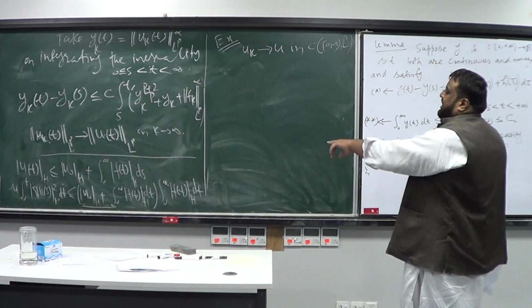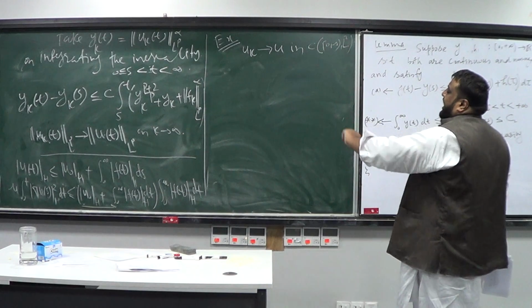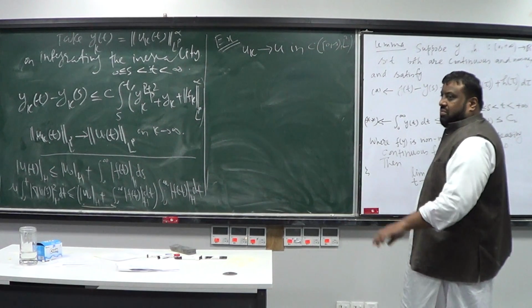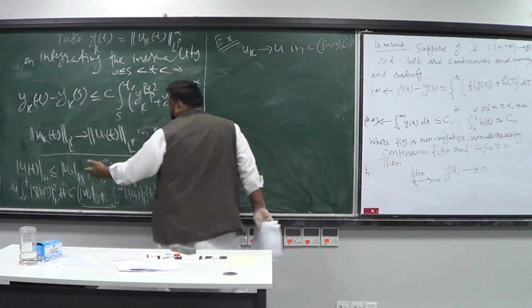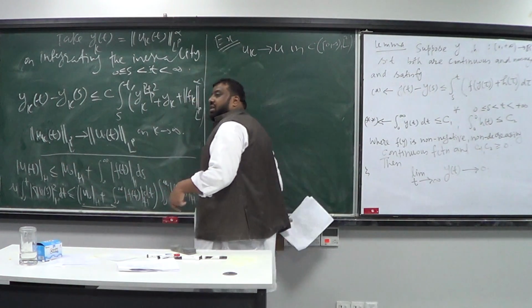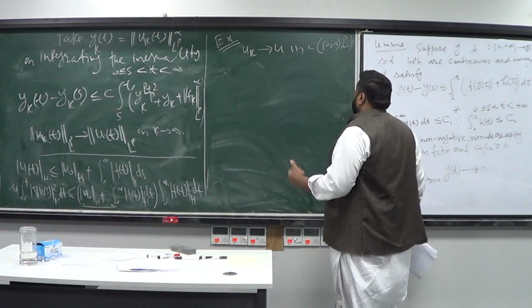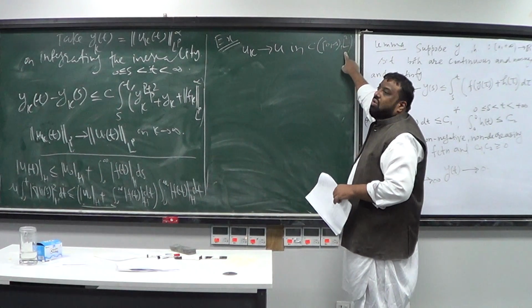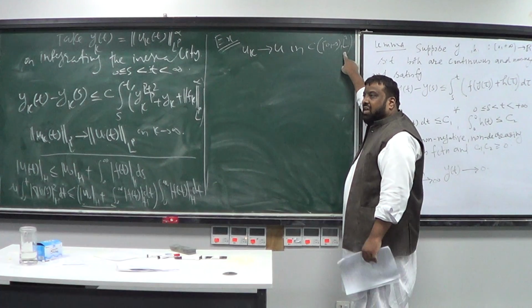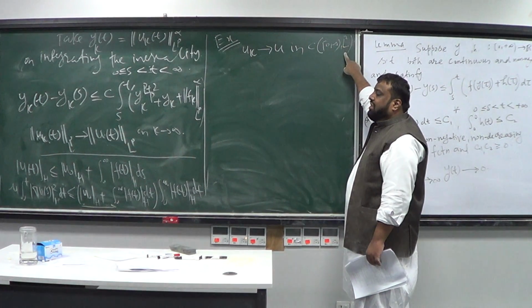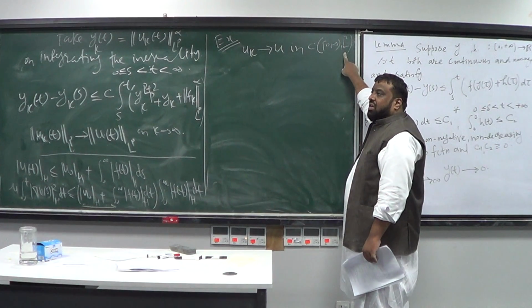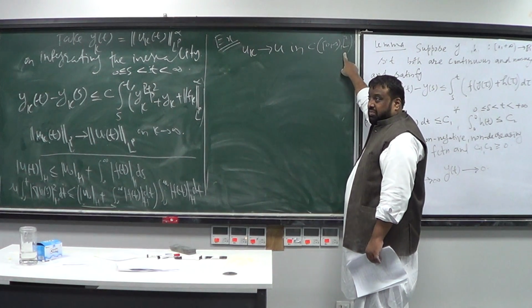So what you need to do, just replace this u by u minus u_k, and obviously you need to replace the initial condition by u naught minus u_k naught. Then calculate the L2 norm of it, and that L2 norm should take you to zero.